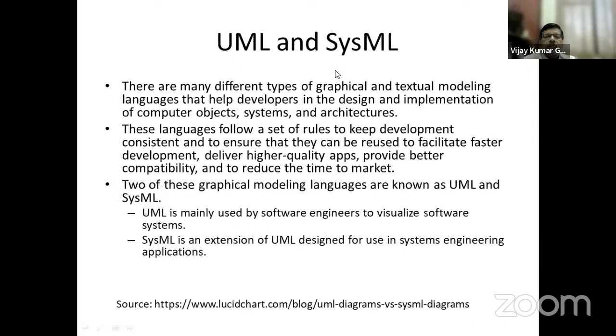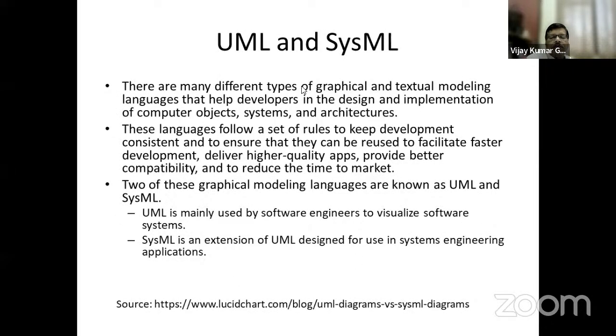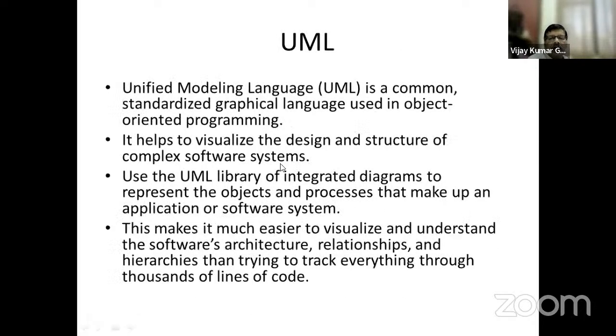Basically, UML is used by software engineers to visualize the software system, and SysML is the extension of UML for use in systems engineering applications. If you want more details about UML and SysML, you can go to this website. There it has been explained what the difference is. For a brief introduction you will be getting it.